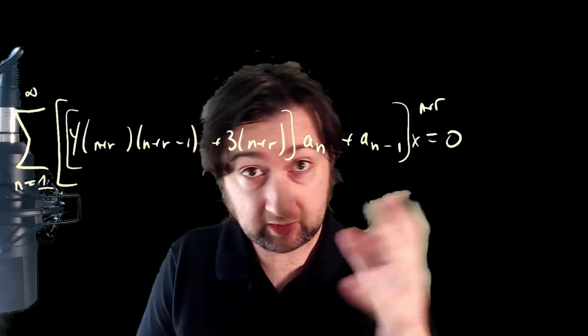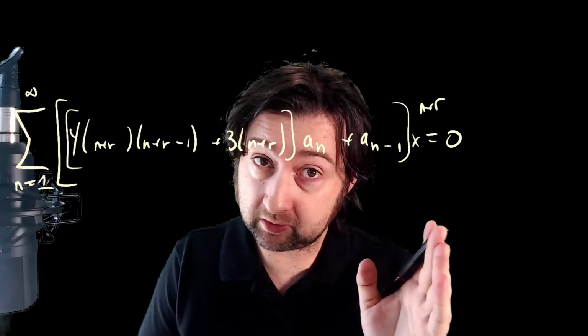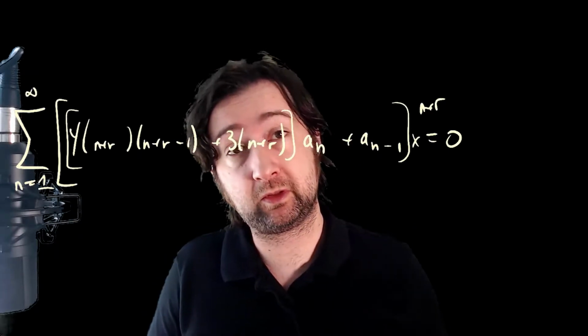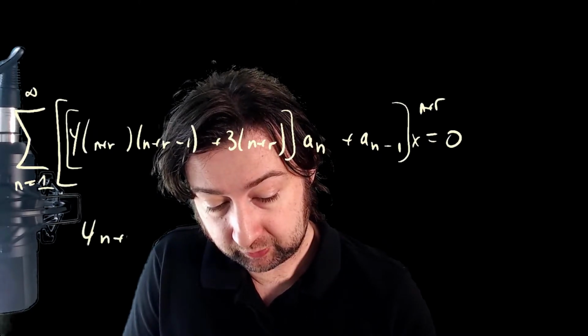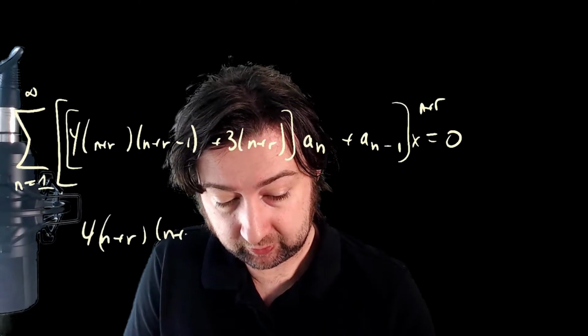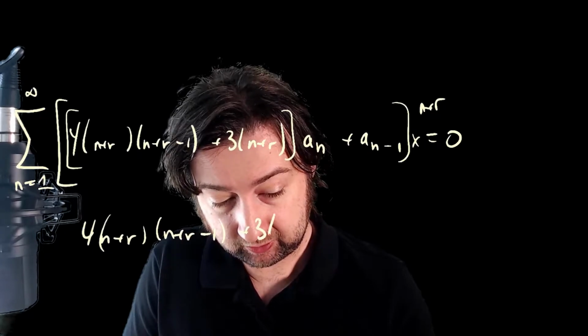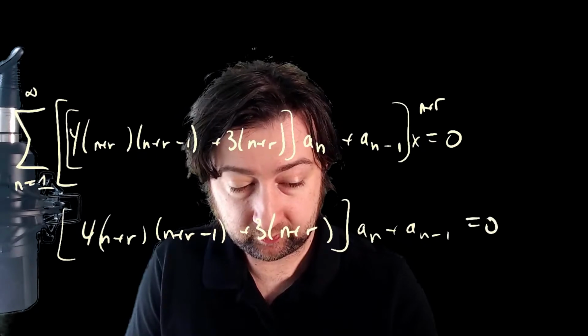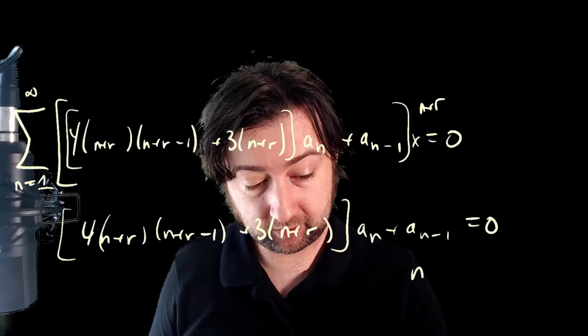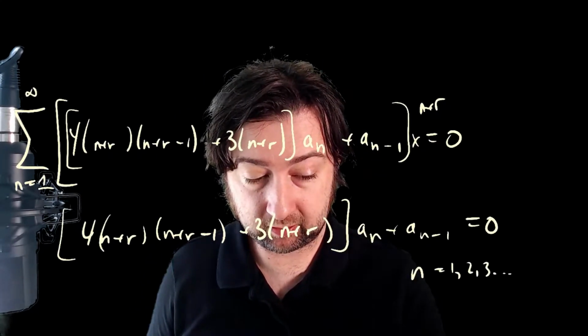Since it's equal to 0, I can assume that all the terms must be equal to 0. And that means I get the expression 4(n+r)(n+r-1) + 3(n+r), times a_n, plus a_(n-1) is 0. And that holds for n equal to 1, 2, 3, and so on.